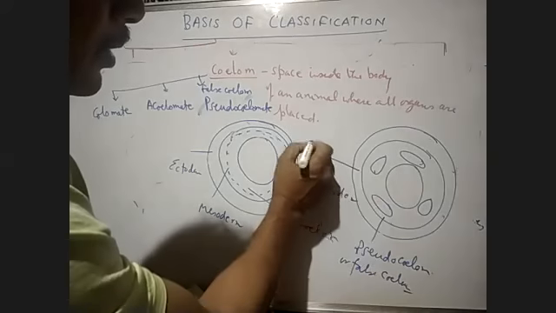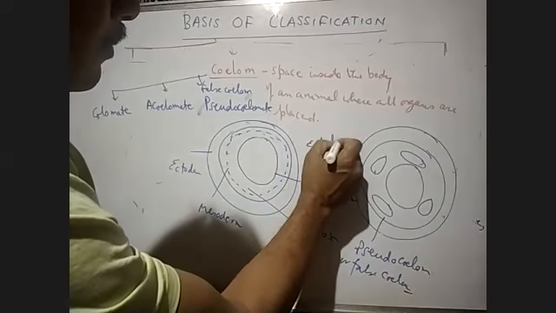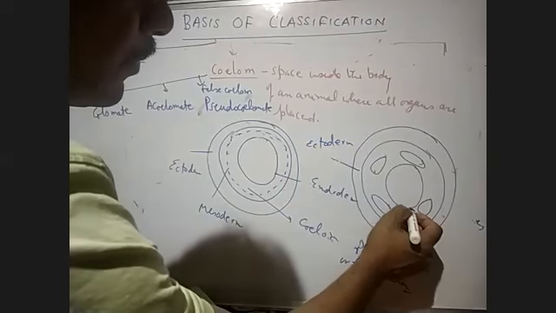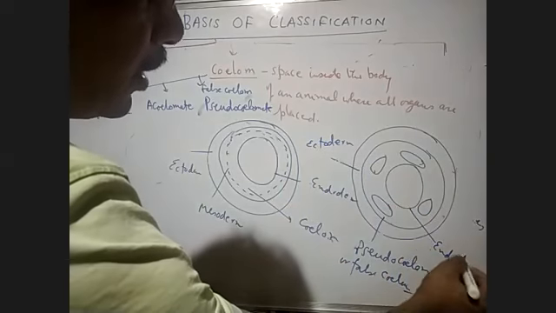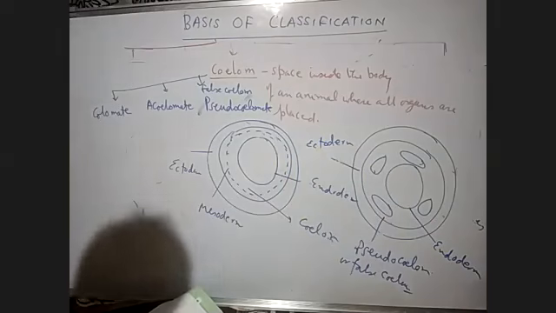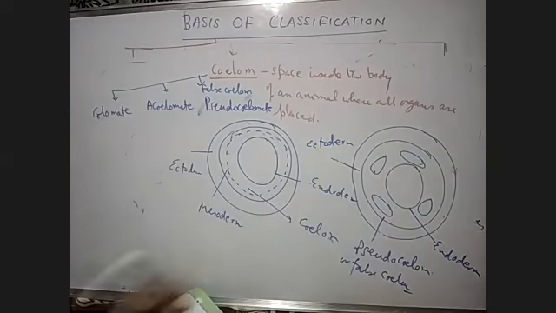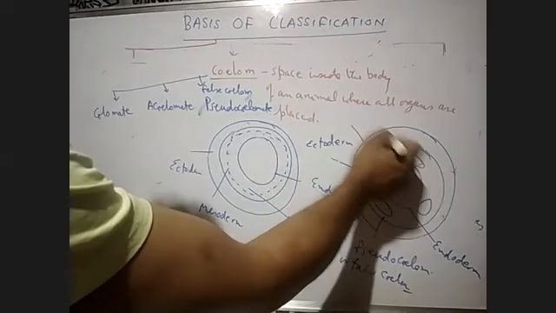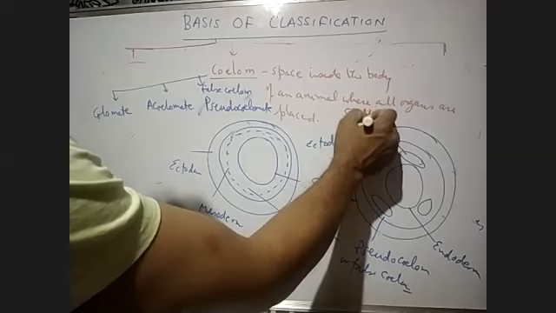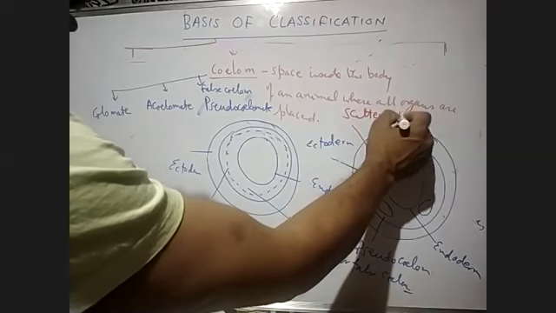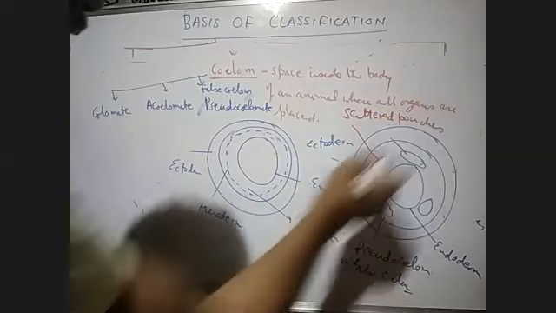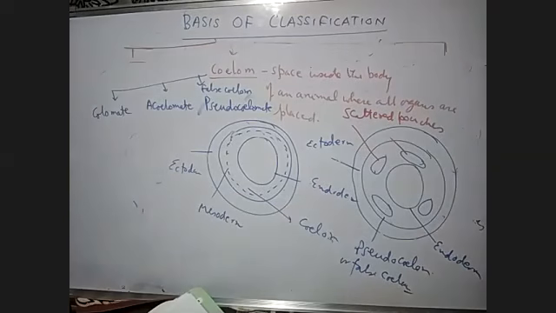This is our ectoderm, and this is our endoderm. In between, we find scattered pouches. This kind of coelom is called the pseudocoelom, and the animals are called pseudocoelomate, and they are found in the Aschelminthes.